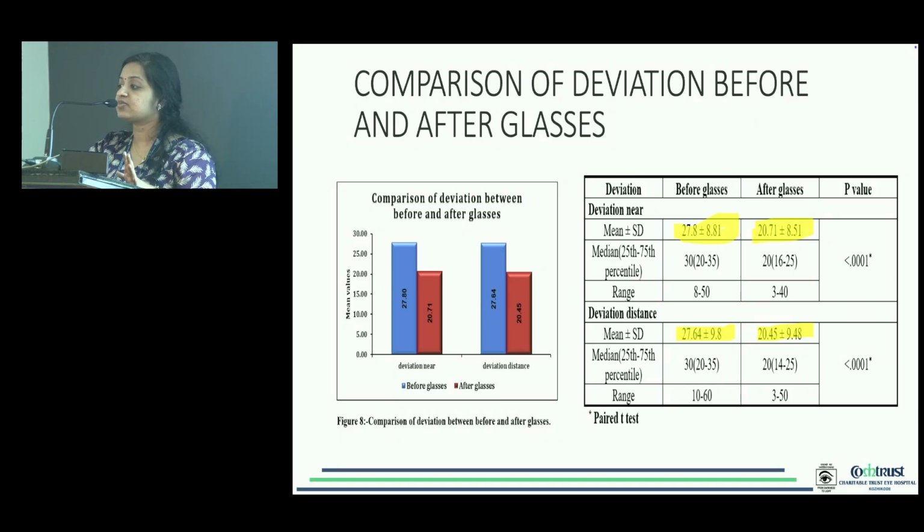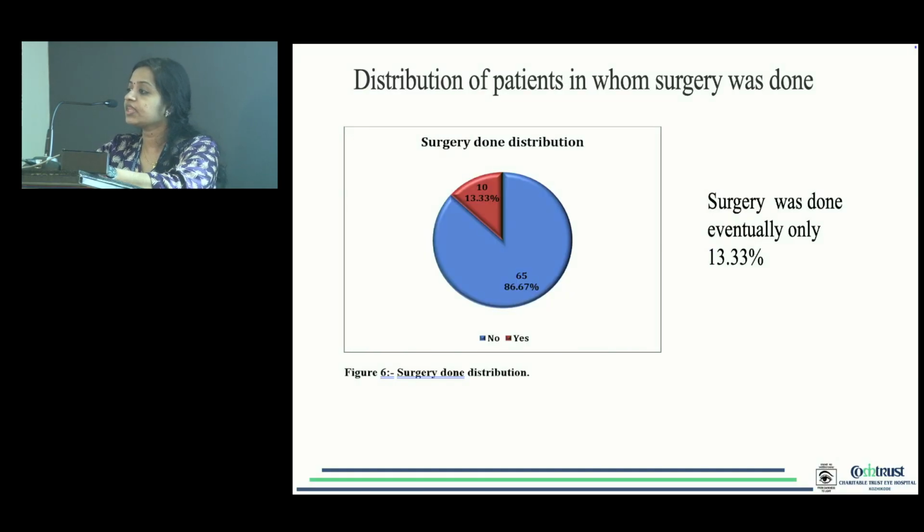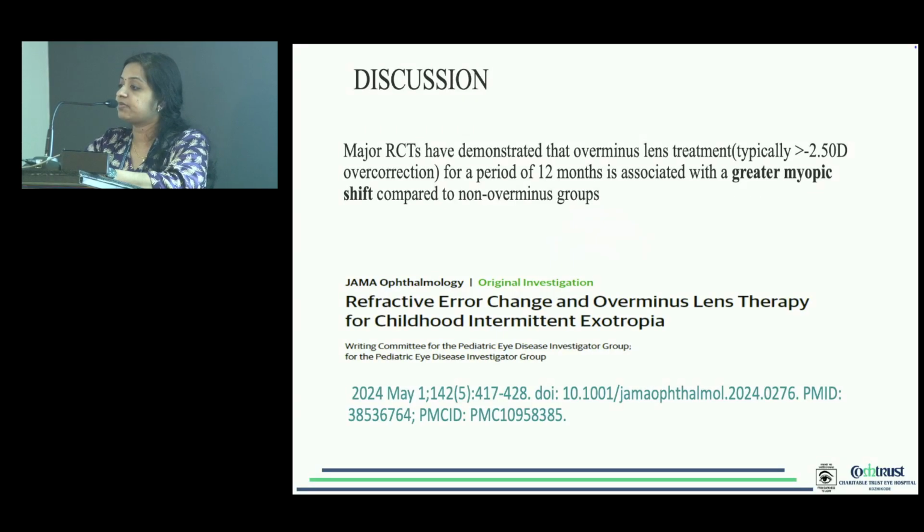Again, this was also significant. The Newcastle control score was also analyzed, and the p-value was again significant. So both NCS and angle of deviation showed a statistically significant improvement after glasses were worn based on the paired t-test. Surgery was done eventually only in 13.33% of the patients.